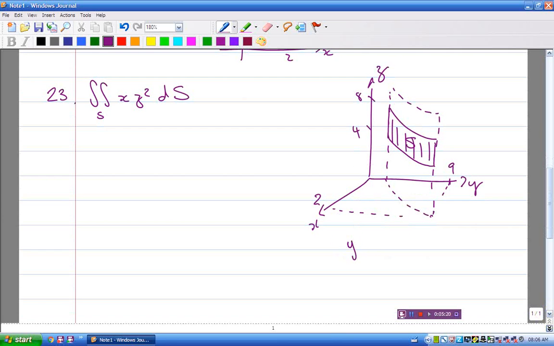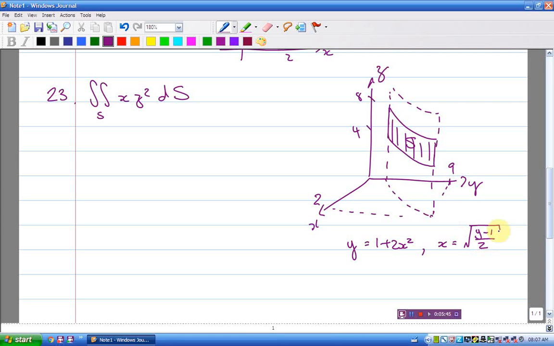Well, my surface is described by y equals 1 plus 2x squared. So if I had any y's that I wanted to get rid of, I'd replace them with 1 plus 2x squared. If I had any x's I wanted to get rid of, I'd replace them with x equals, let's have a look, y minus 1, and then divide by 2, and then square root.